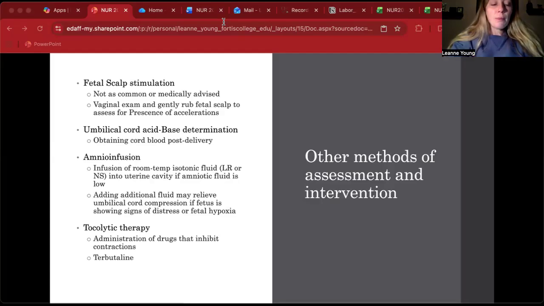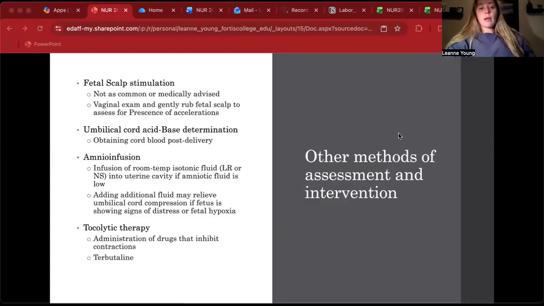Okay, we briefly talked about amnio infusion. This is an infusion of a room temperature isotonic fluid, typically LR or normal saline, into the uterine cavity if amniotic fluid is low. Okay. Adding additional fluid may relieve umbilical cord compression if the fetus is showing signs of distress or fetal hypoxia.